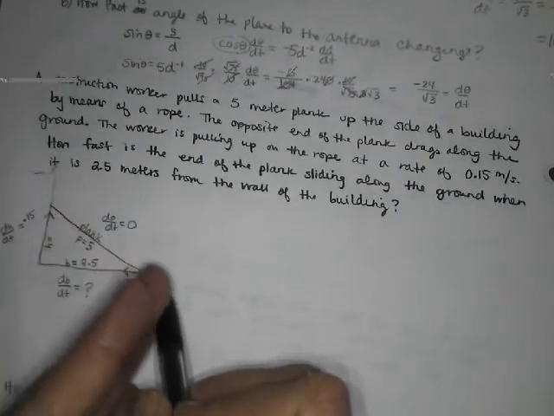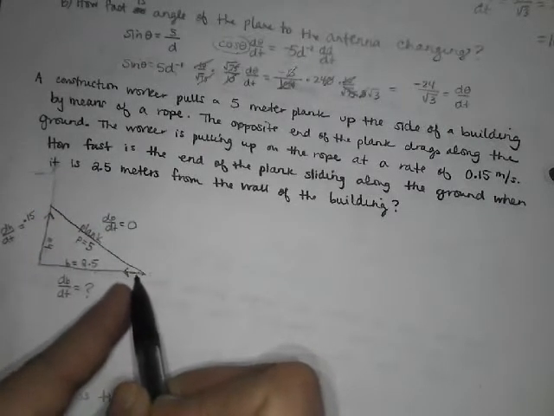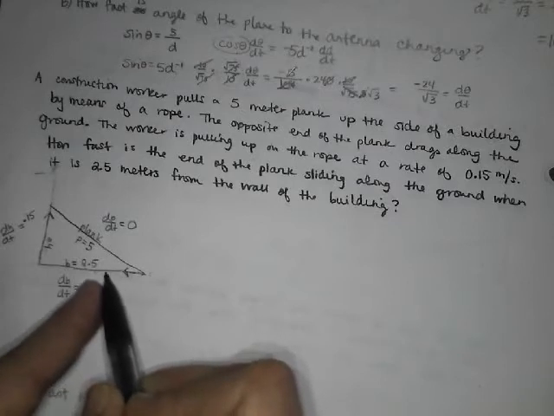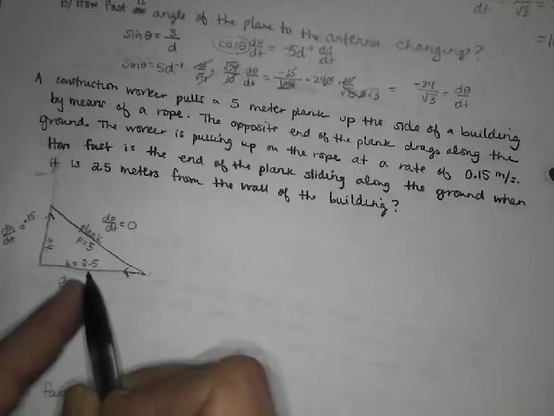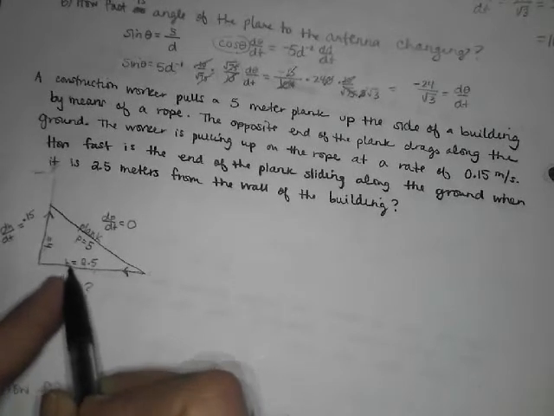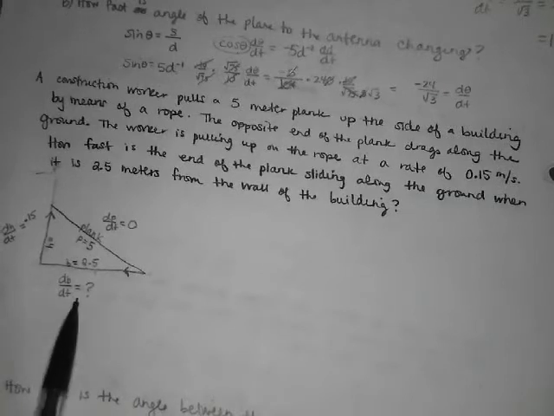It's dragging more and more closely, and eventually it'll be 2.5 meters away, but then it will very soon after be even closer as it continues to be dragged. So right at that instantaneous moment in time when it's 2.5 meters from the base, they want to know the speed at which it's moving.